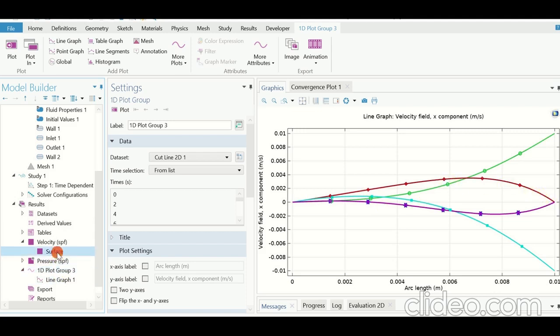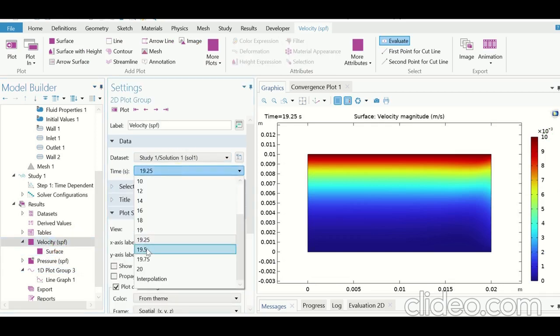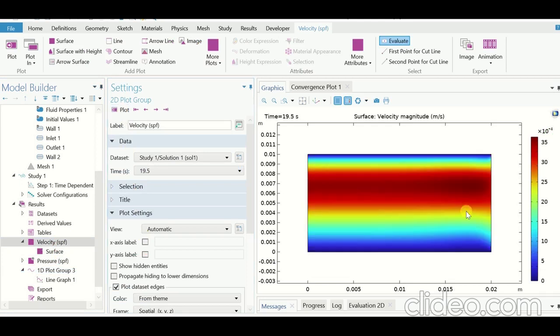We can see this on the surface. If you go to the velocity, click on time and select 19.5, you can see that the liquid adjacent to the top plate is stationary. It has zero velocity because of the no slip condition. However, the liquid below the plate is still in motion. This is the velocity profile at this moment.